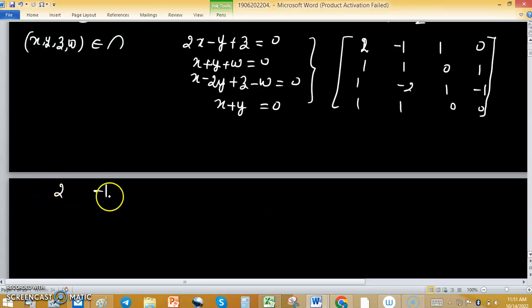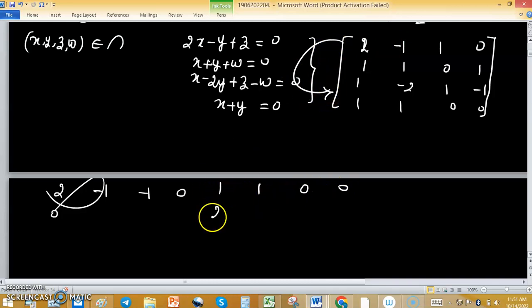Apply elementary row operations on this. There is no change in the first row, or you can interchange R1 and R4. So 1 1 0 0, again 1 1 0 1, 1 minus 2 1 minus 1, and 2 minus 1 1 0.